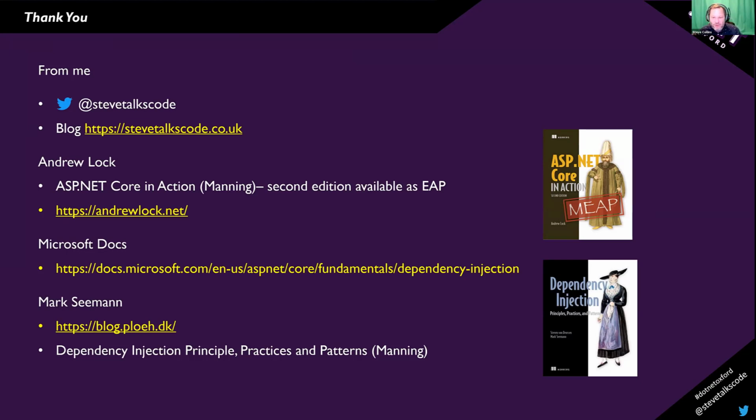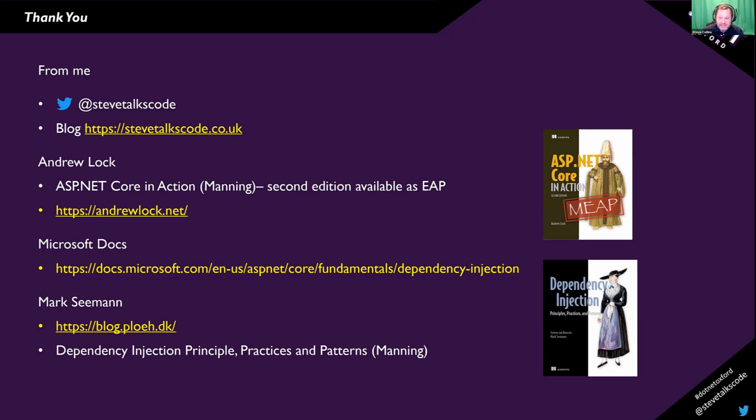But before I go, a few honourable mentions. Andrew Lock has a brilliant blog that covers all sorts of .NET Core related things. He's got his ASP.NET Core in Action book, and I don't know where he is with the second edition; I think it's still a MEAP, it hasn't been published yet. That's on Manning. The Microsoft Docs page is well worth a look, especially if you're migrating from, say, Core 2 to Core 3 or .NET 5, because there are those subtle changes that I discussed at the start of the talk.